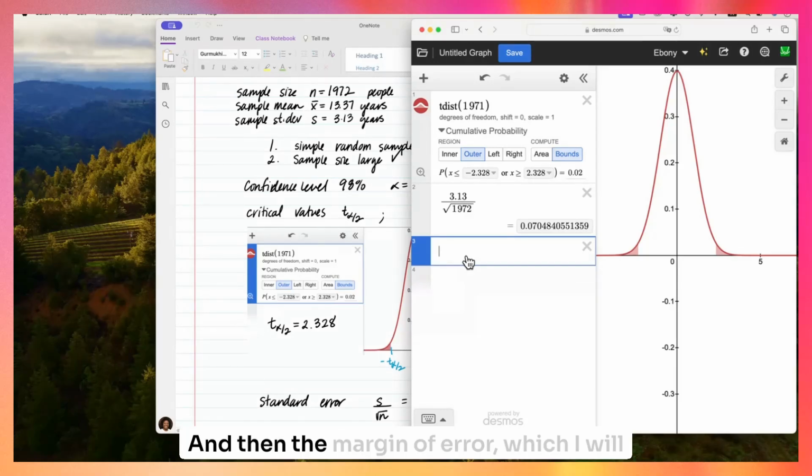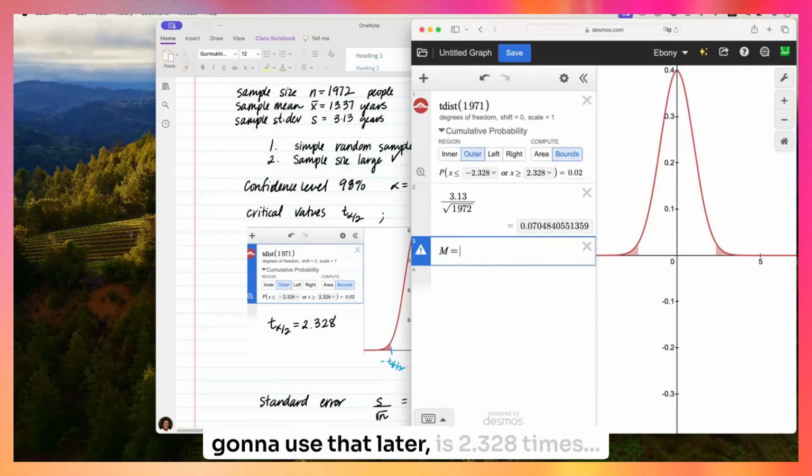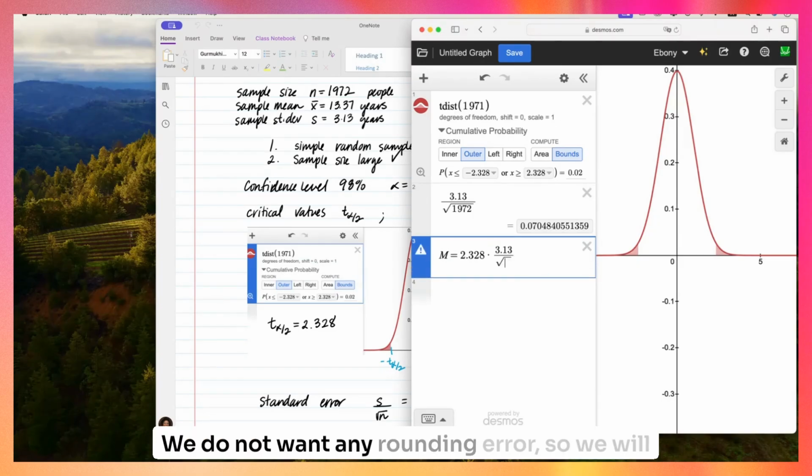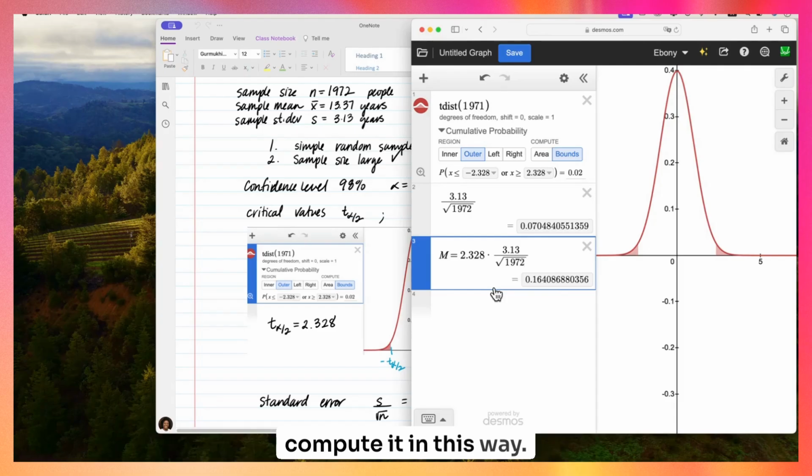And then the margin of error, which I will call M, you don't have to name it, but I'm going to use that later, is 2.328 times the standard error. We do not want any rounding error, so we will compute it in this way.